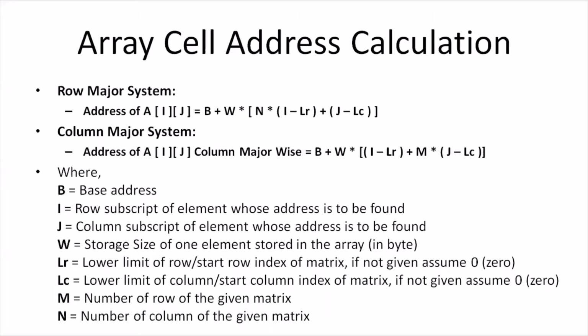Similarly, for column major system, we can write the modified formula as: address of Aij will be equal to the base address B plus W into (I minus LR) plus M into (J minus LC).